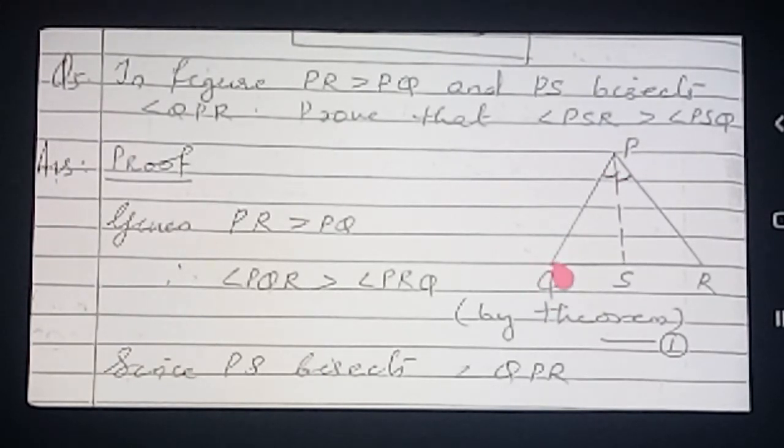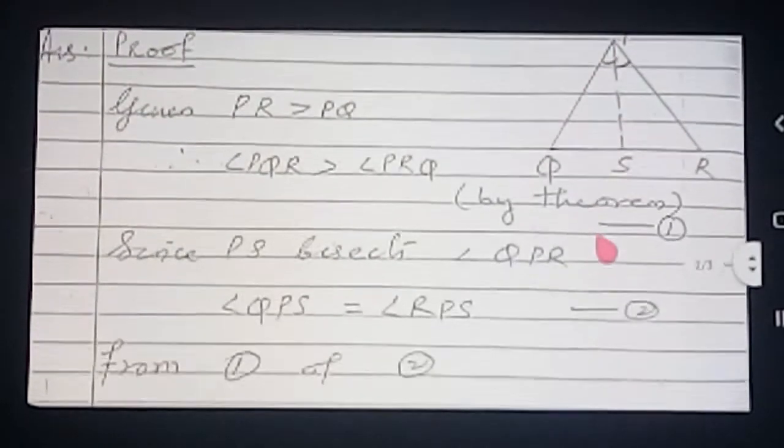With respect to triangle PQS, PSR is the exterior angle. The interior opposite angles are this angle and this angle. So angle PQS plus angle QPS is equal to angle PSR. That is why I wrote PSR directly.